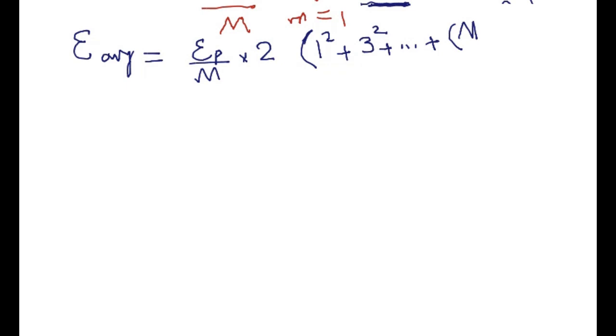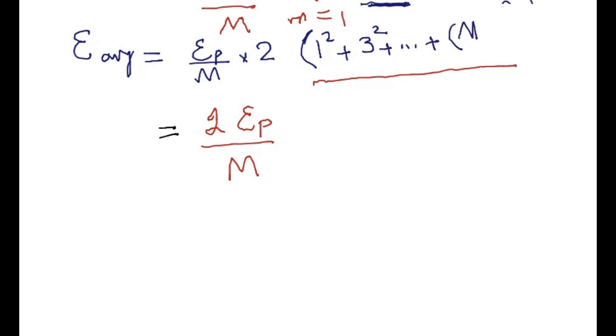Now this sum can be written in compact form. We have 2 times E_p over capital M, and we have this summation of the square, right?